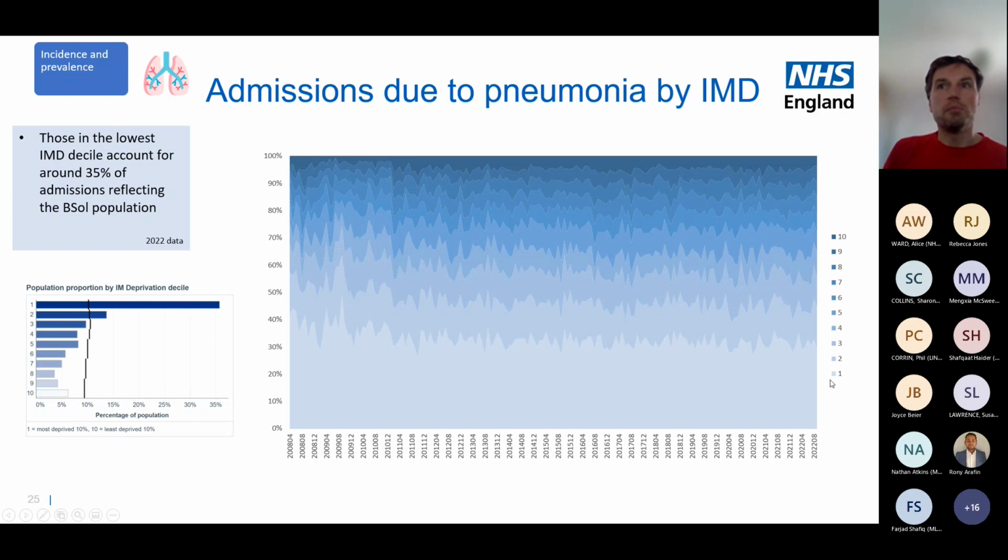But then we can go, does that differ? We know that 35% of the population are in IMD decile 1. So are we seeing a greater percentage, or perhaps fewer people than would be expected? It looks like it matches up.